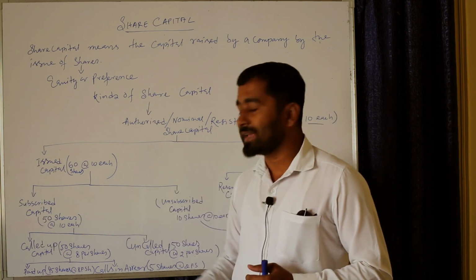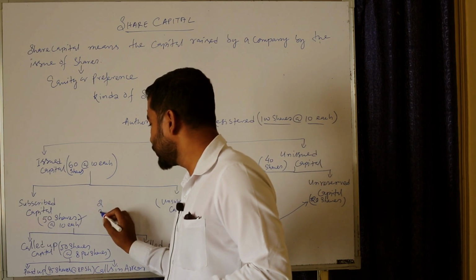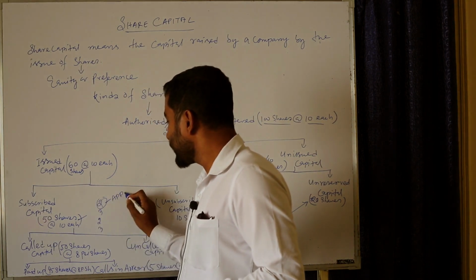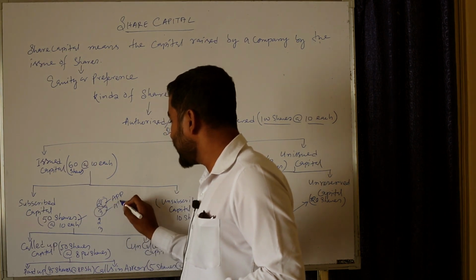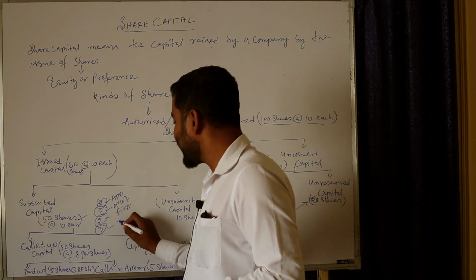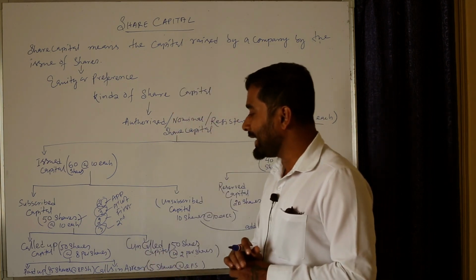Say, for example, the 10 rupees I have categorized as 2, 3, 2, 3. So 2 rupees is the application money, 3 rupees is the allotment money, 2 rupees is the first call, and 3 rupees is the second call. Okay, like that I can categorize it.